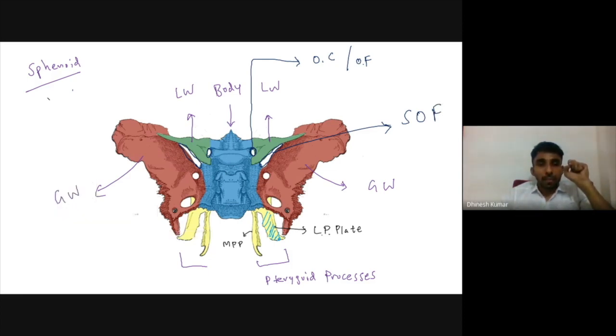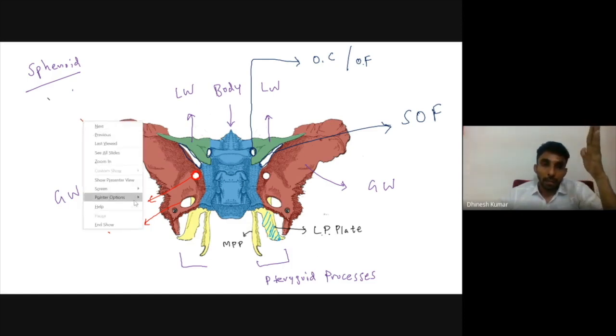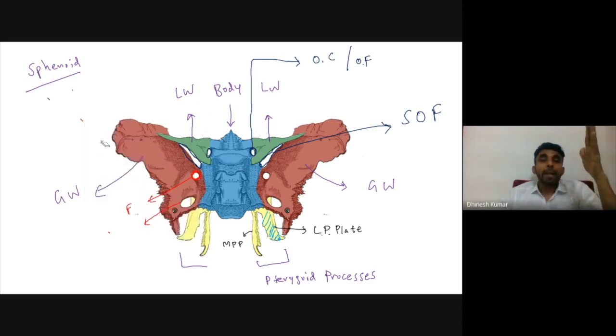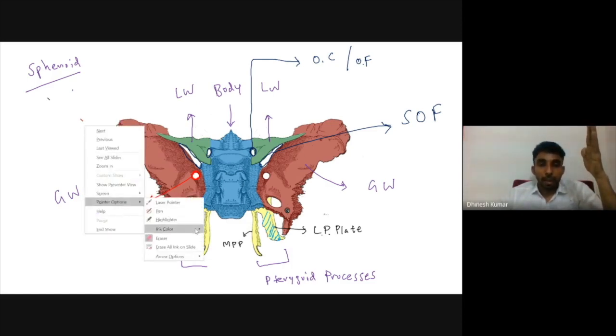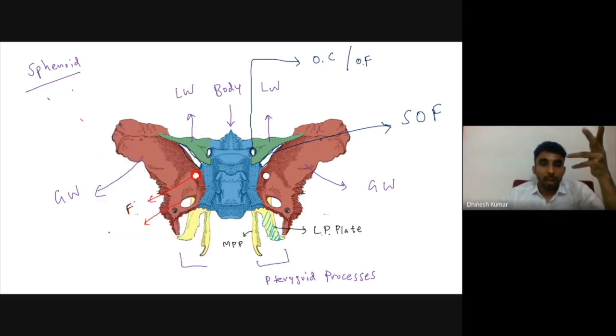Now, what are these three openings present within the greater wing of sphenoid? This is the foramen rotundum, round shaped, isn't it? So it is called as foramen rotundum.